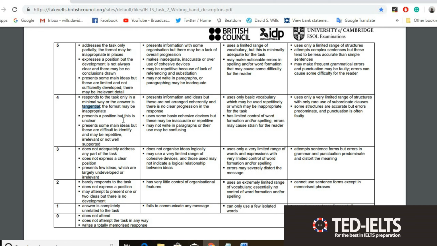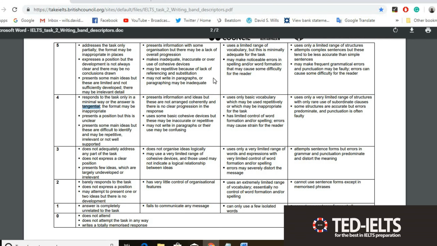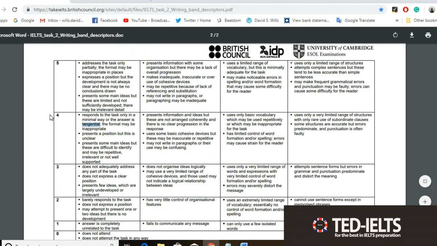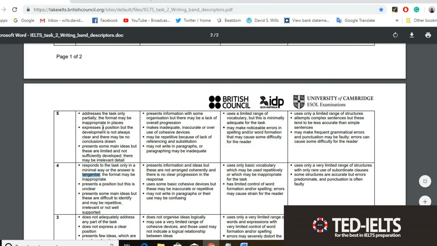Eating poorly and not doing enough exercise are related, but they're not the same thing. So this person has really responded to the task in a minimal way that is tangential. So that is why this person has scored a 4, even though the other parts of their writing were quite good.